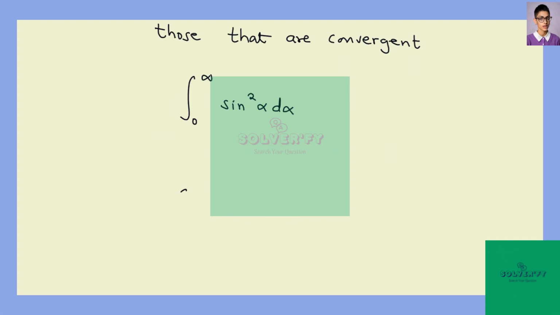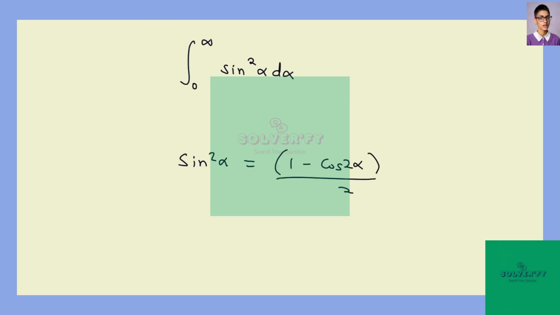The first thing that we do is that we have sine squared alpha. We can write it as (1 minus cos 2 alpha) all over 2. So this becomes the integral from 0 to infinity of sine squared alpha d alpha, which equals the integral from 0 to infinity.